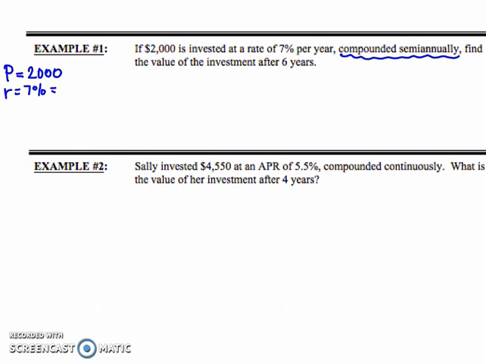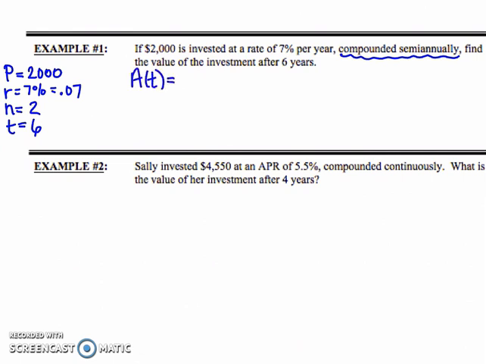So if we change 7% to a decimal, that's going to be 0.07. If we're compounding semi-annually, that means that n is 2, and we want to look at the value of this investment after 6 years, so t is 6. So we're going to use our compound interest formula because we have a compounding semi-annually factor in our equation. So we're just going to plug everything in.